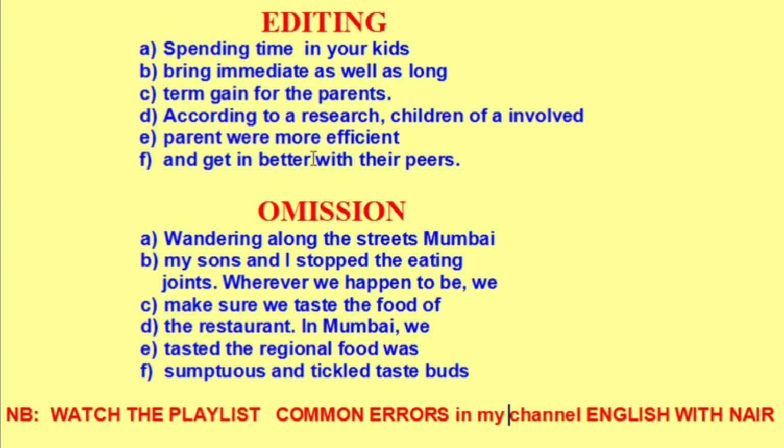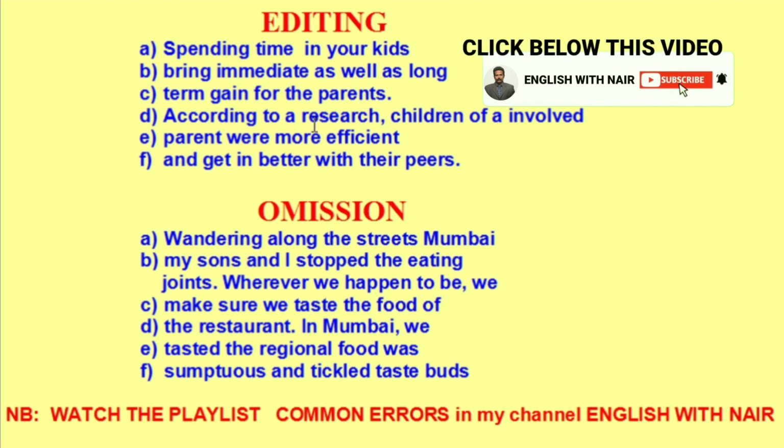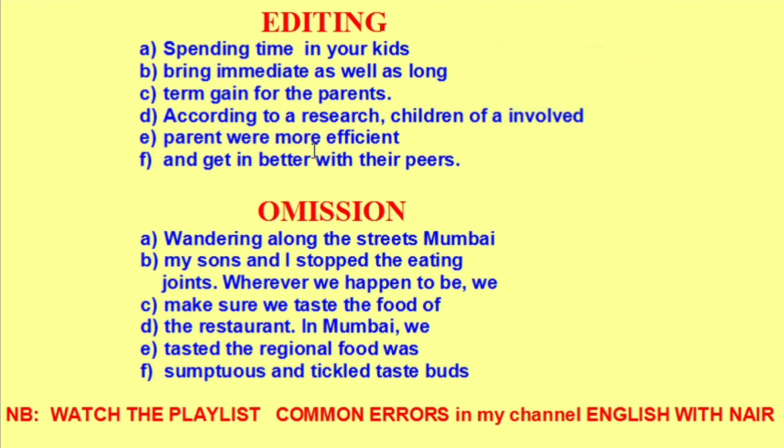So hope you understood how to rectify the errors from line to line in a paragraph as such. For this, you should have knowledge of prepositions, articles, subject verb concord, and clauses.